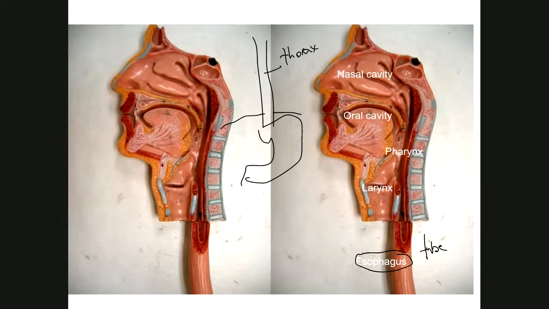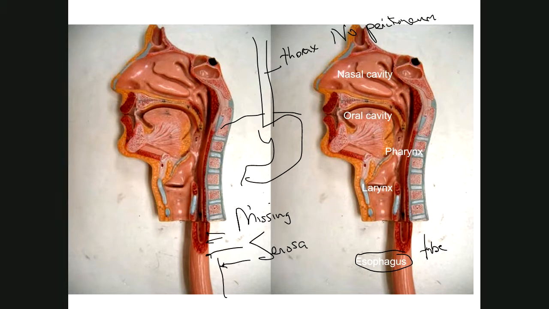Well, that's going to make a difference because the thorax does not have peritoneum. So if we look at the layers of the esophagus, we're going to be missing a layer. We're going to be missing the serosa. So there is no serosa on the esophagus. The outer layer is missing.